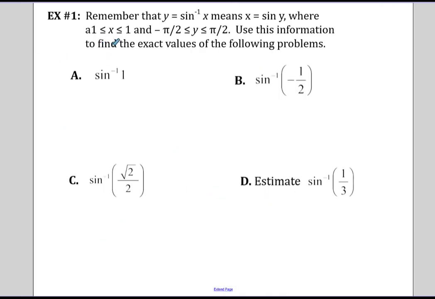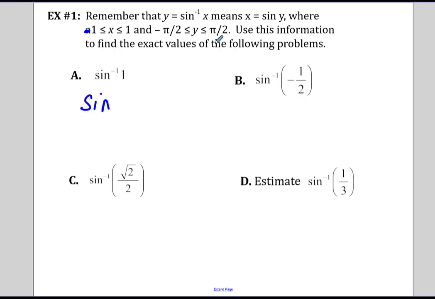So in example 1, remember when we're looking for y equals sine inverse of x, that means our x value is the sine of y between -1 and +1, and our range is between negative pi over 2 and pi over 2. So when you read the statement sine inverse of 1, that's really asking us to find the value where the sine is 1.